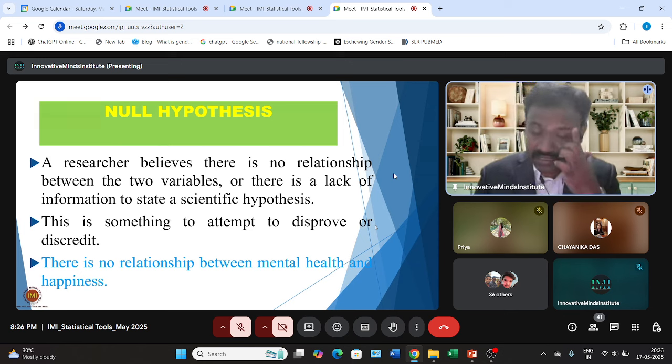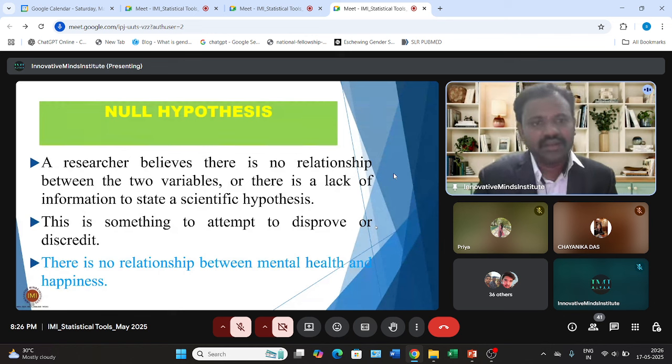For example, in hypothesis testing, you won't compare age and sex. Okay, it's meaningless. To test the hypothesis, you should connect one from independent, one from dependent, or both from the dependent variable. Okay, that's a basic understanding we should have.